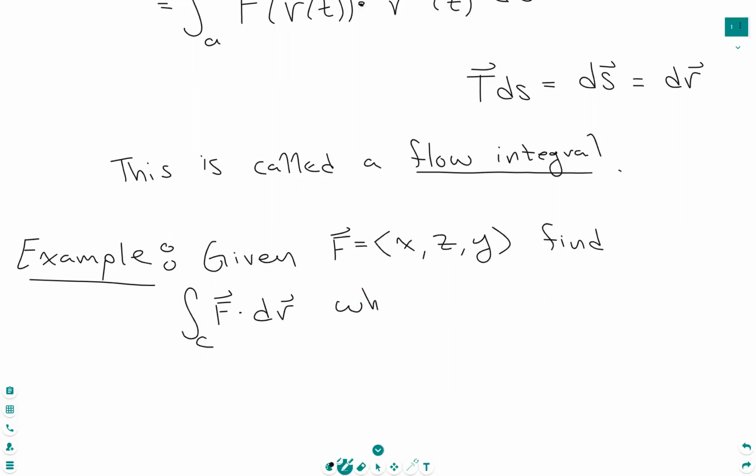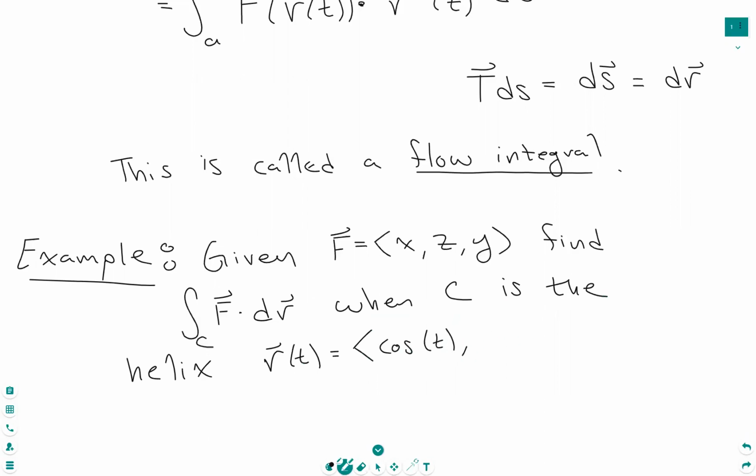When C is the helix given by r of t equals cosine of t, sine of t, and t, when t is between 0 and pi over 2.